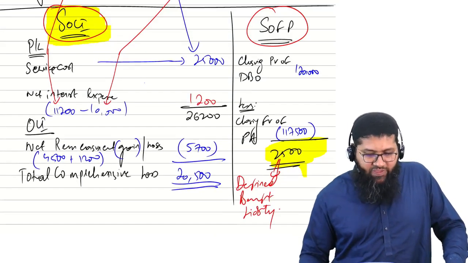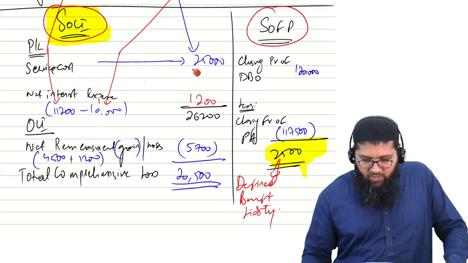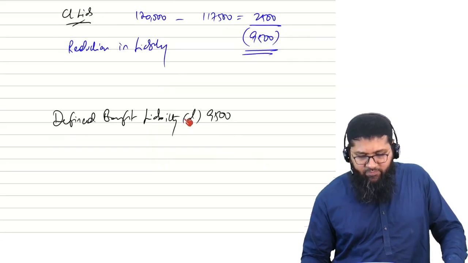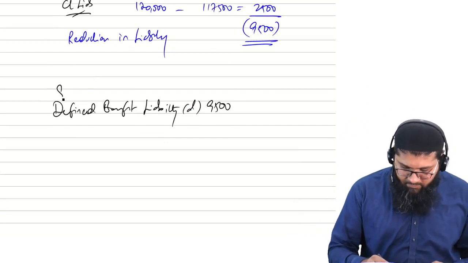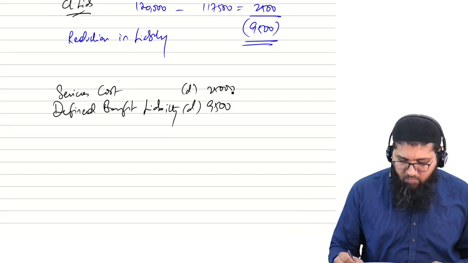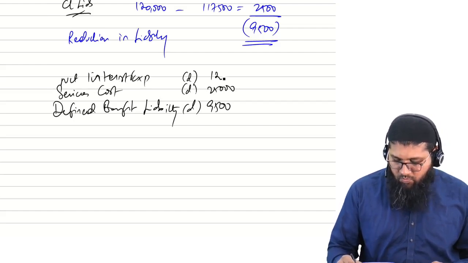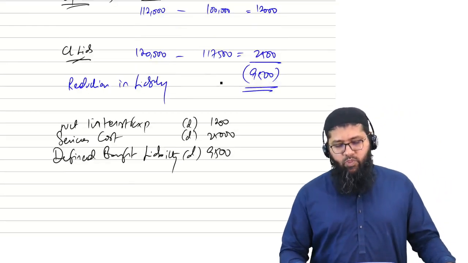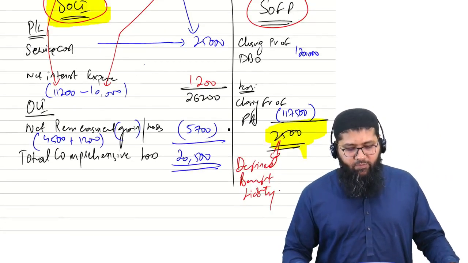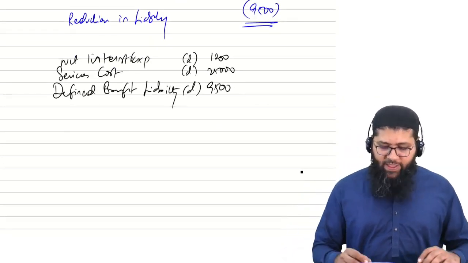The second thing is what is to be recognized in the P&L? Service cost and net interest expense. Then there is a remeasurement gain, and the remeasurement gain is to be taken to OCI.